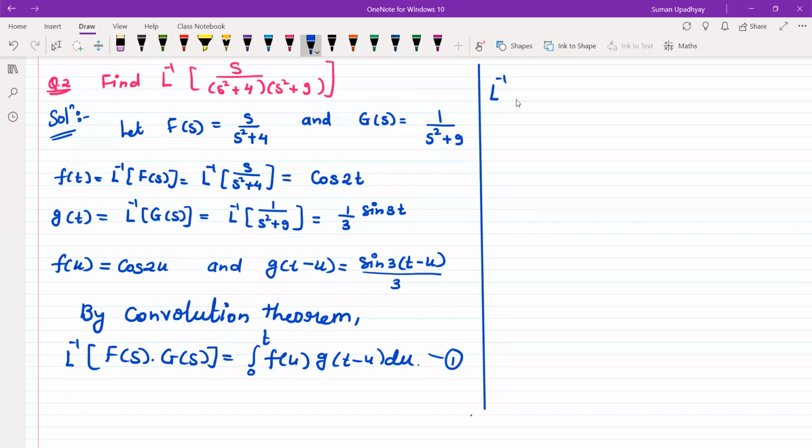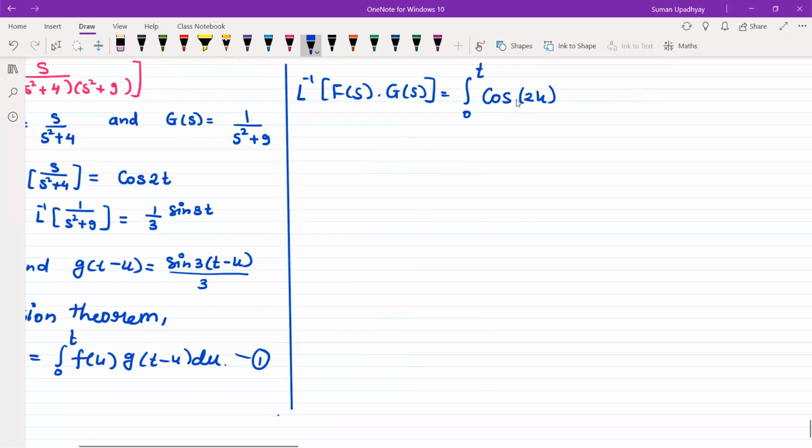So the Laplace inverse of f of s into g of s is the integration from 0 to t. What is our f of u? It is cos 2u. And g of t minus u is sine 3 times (t minus u) upon 3.